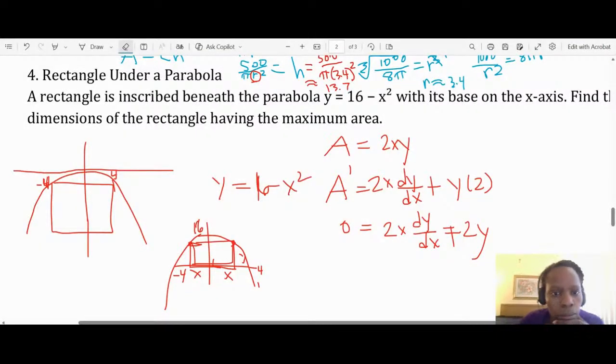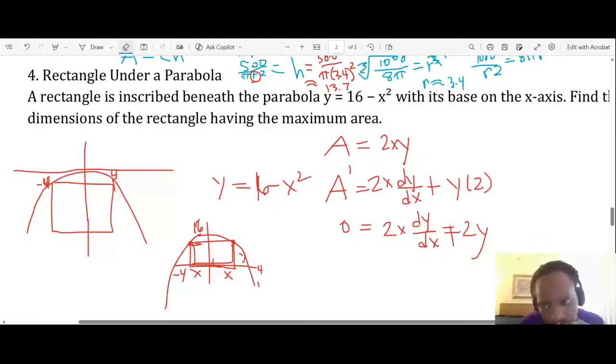Oh, I didn't write the answer for number 8. R is about 3.4.